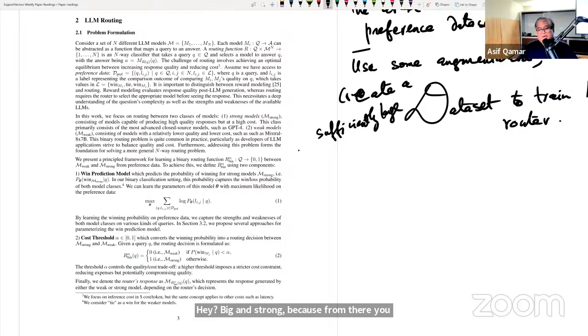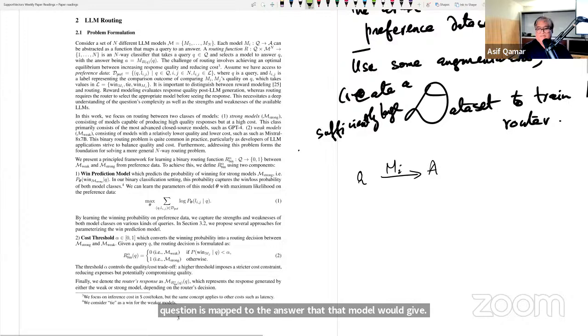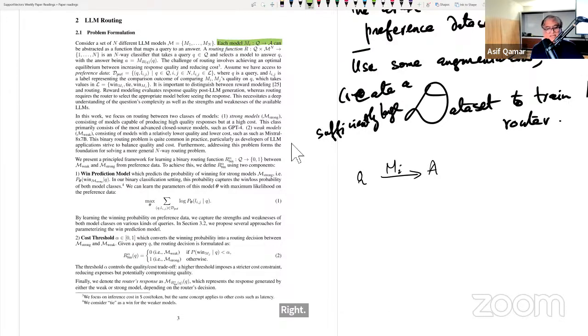For each model Mi, given a question Q, it maps to an answer A. That's what a model does. Each model Mi is abstracted as a function that maps a query to an answer.